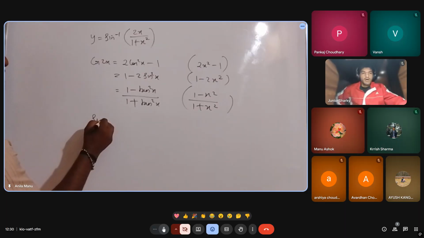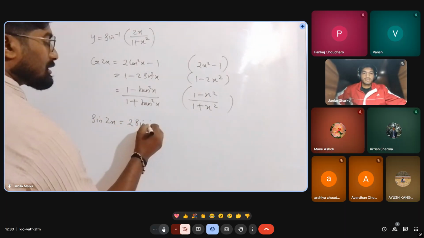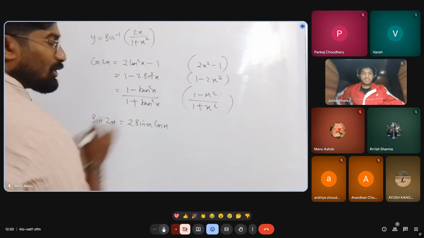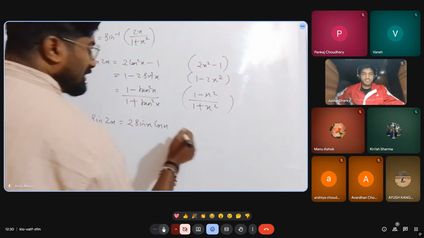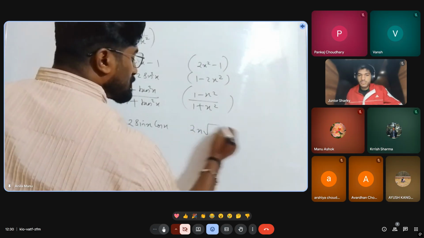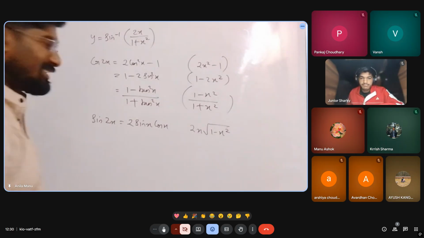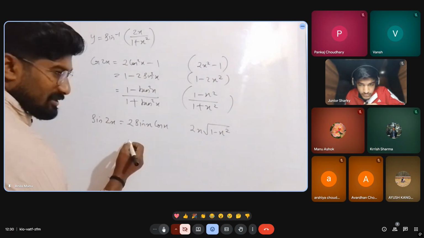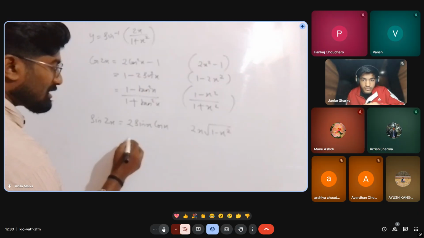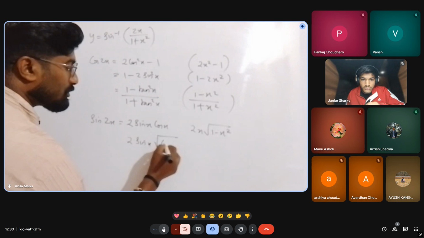Next, sine 2x. Sine 2x is 2 sine x cos x. So this one you are not expecting what we are going to get. The form of this one is 2x into square root of 1 minus x square. See, listen, I will tell you. 2 sine x cos x, I can write as 2 into sine x into cos x, which can be written as square root of cos square x.